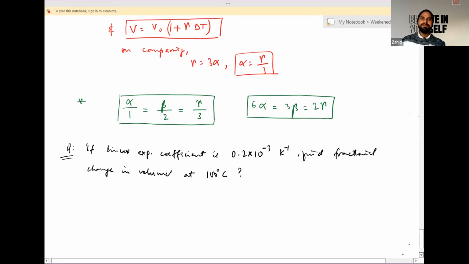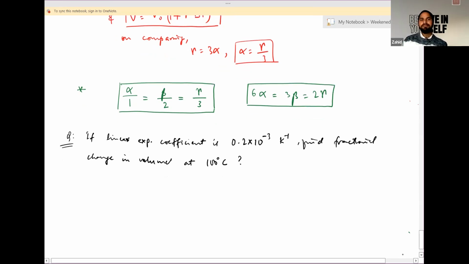Try to find. Fractional change in volume means delta V by V naught. We have to calculate.